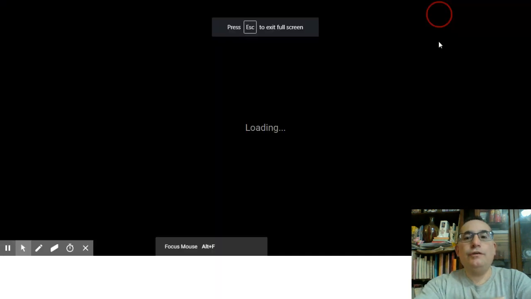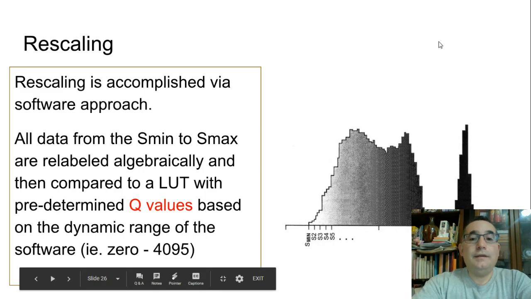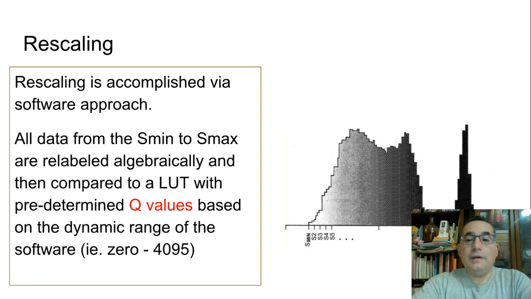So in this rescaling process, we are left with a histogram, except now our S-min, S-max, and all the numbers in between are algebraically relabeled. So they just become numerals, essentially. And those numerals are compared to the lookup table.